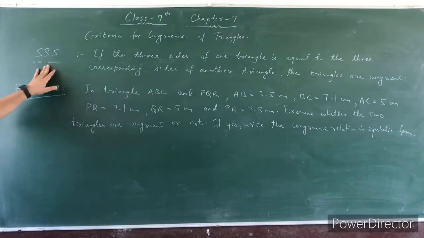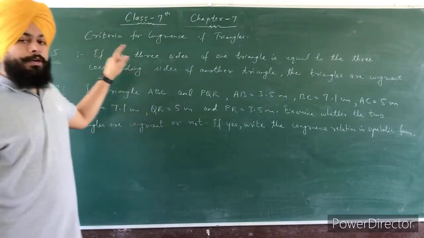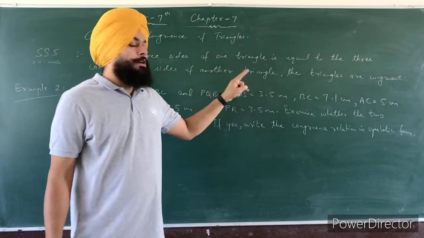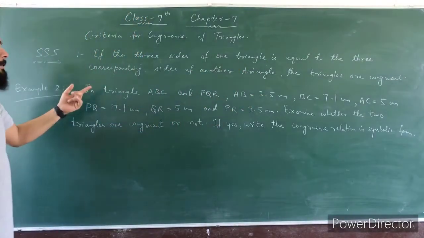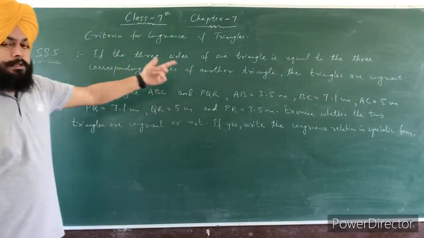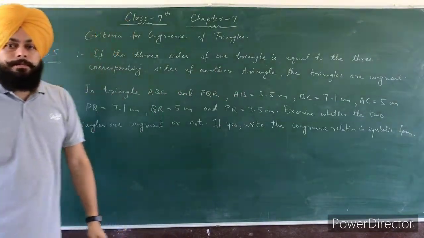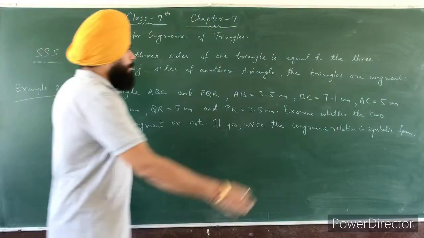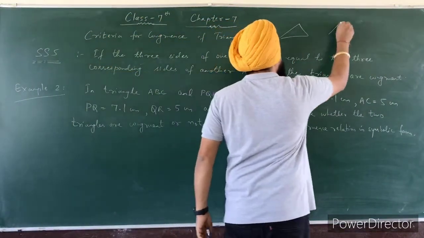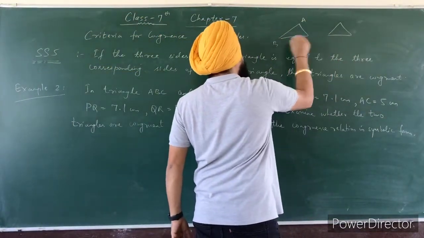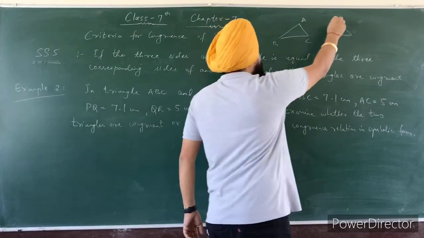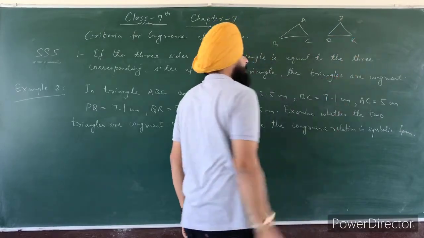So what is the definition? If the three sides of one triangle are equal to the corresponding three sides of another triangle, then the triangles are congruent. So there are two triangles, triangle ABC is the first one, and PQR is the second one.